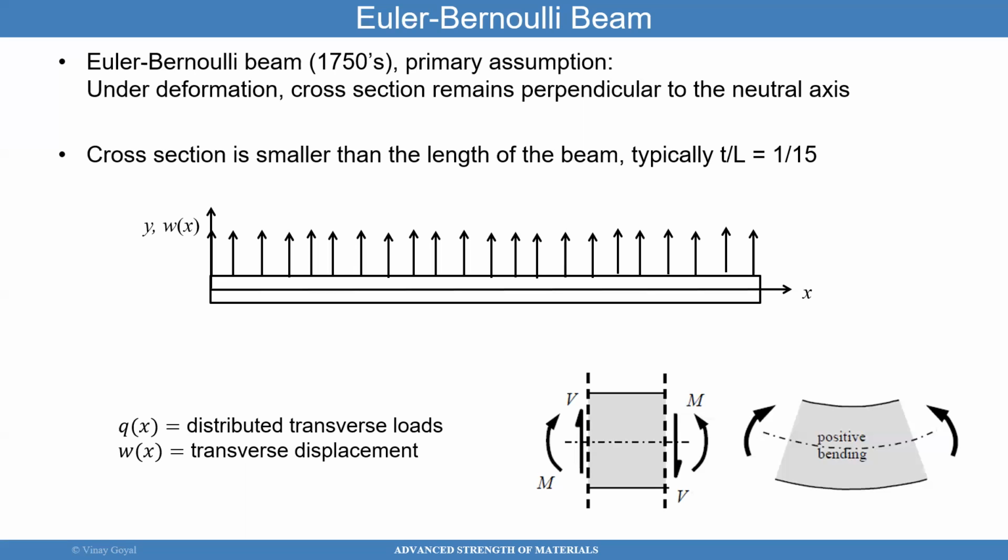The pages are not sliding relative to one another. So that's what I mean. The cross-section of that beam stayed perpendicular to the neutral axis. So after the beam is deformed, you don't see that cross-section changing very much.